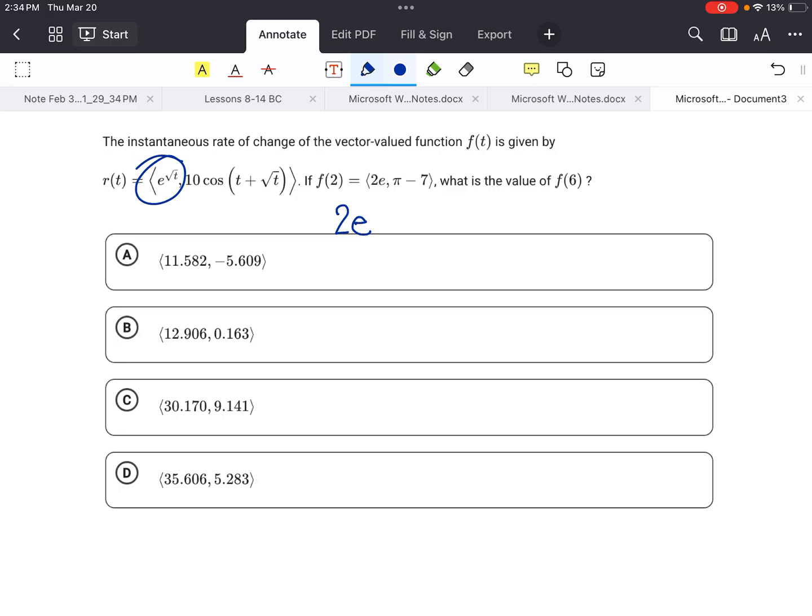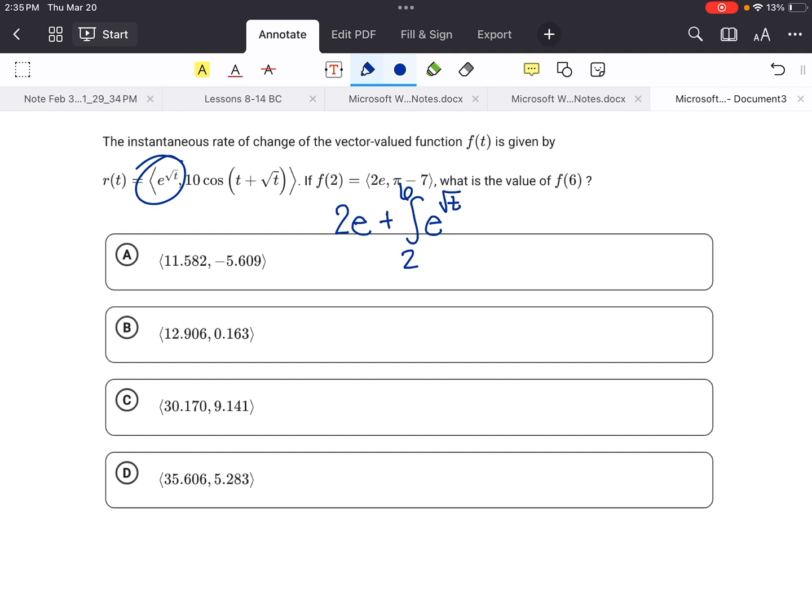So I need to know the total. Oh, I know a calculus thing for that. I need to know the total amount of change between when it started and when it stopped. So I know where it started. I'm finding the total amount of change, and I'm going to figure out where it ends up.